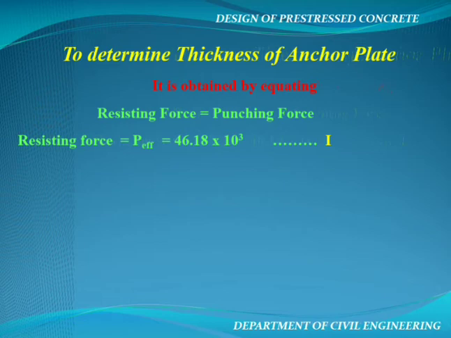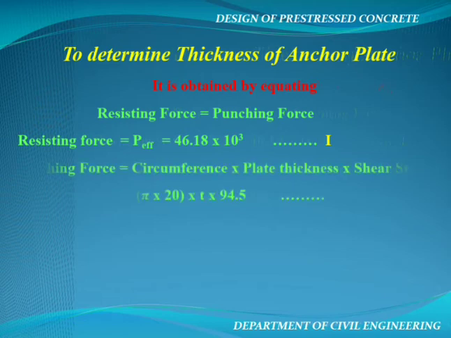This is nothing but your effective pre-stress which is applied. Punching force is given by the circumference into the plate thickness multiplied by permissible shear stress. So this is a new formula.